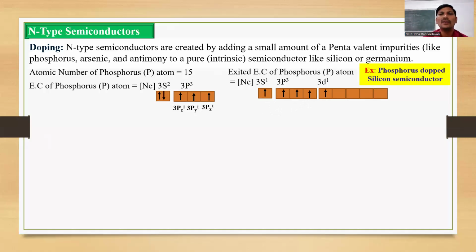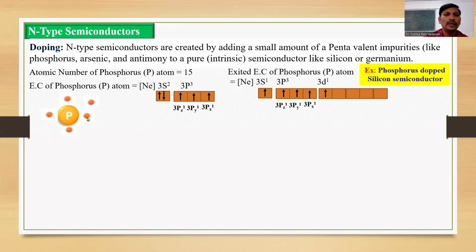Here the total number of valence electrons is 5. So the 3s, 3p and 3d have unpaired electrons, overall 5 electrons. So this phosphorus atom has 5 valence electrons, that means it can form 5 covalent bonds.